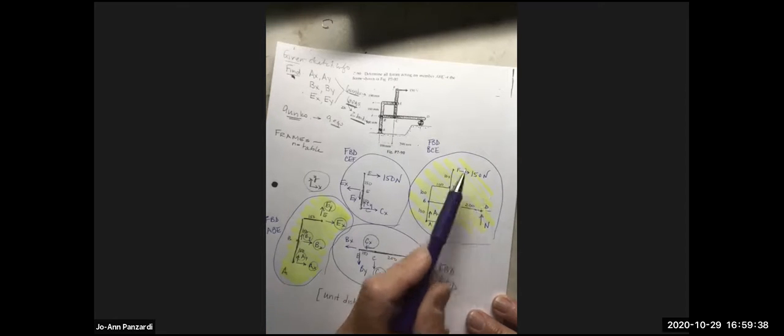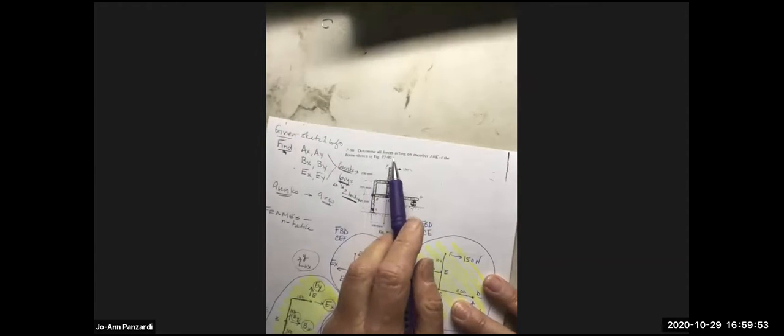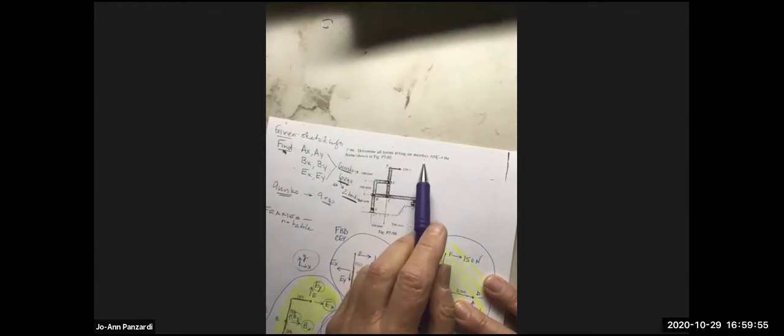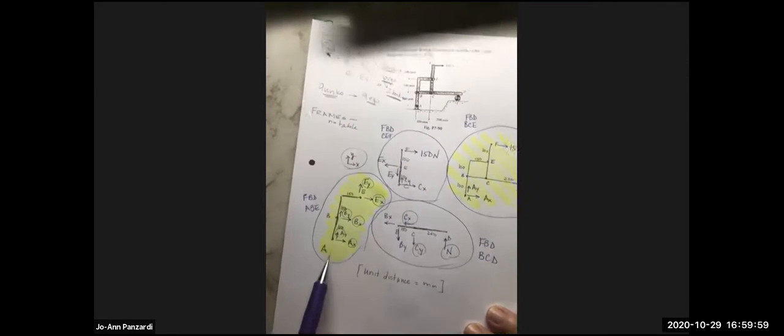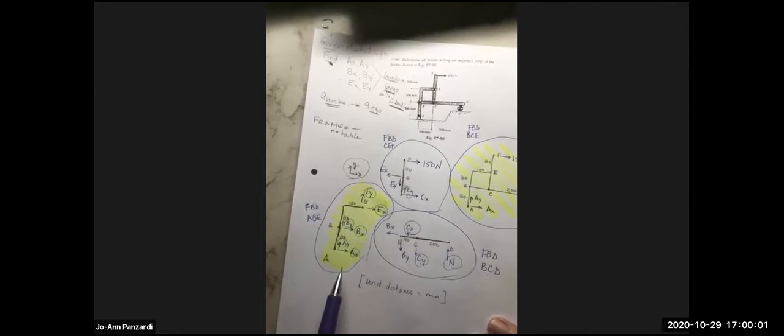On a frame problem, we take the total structure away from its main supports, and its main supports are A and D, and we always draw that free body diagram. And since the question says, determine all the forces acting on member ABE, we always draw a free body diagram of the member in question.